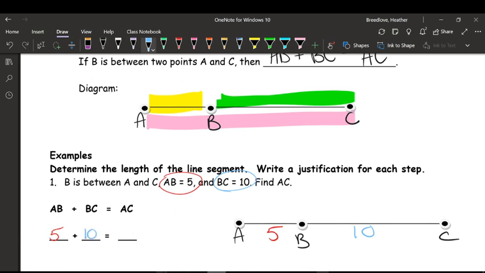BC, that's 10. Find AC. All right. From A to C. What's the length of AC? 15. 15, exactly. You add the 2 pieces together, you get the whole thing. And that's exactly what we're doing.